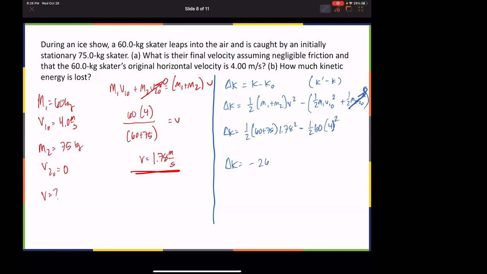We lost 266.13 joules of energy. Any questions on that? Anybody?